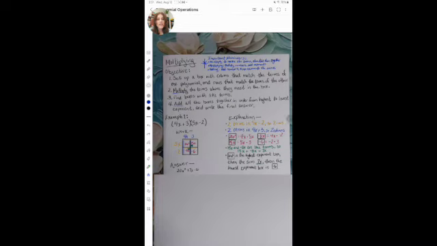Okay? When you're multiplying these terms together, one important thing to remember is that you're going to multiply the numbers and then add the exponents. You can see what we've done here with these. The 4 and the 5 get multiplied together. 4 times 5 equals 20. And then the exponents are going to add. So I have 1 and 1, which is going to make 2.